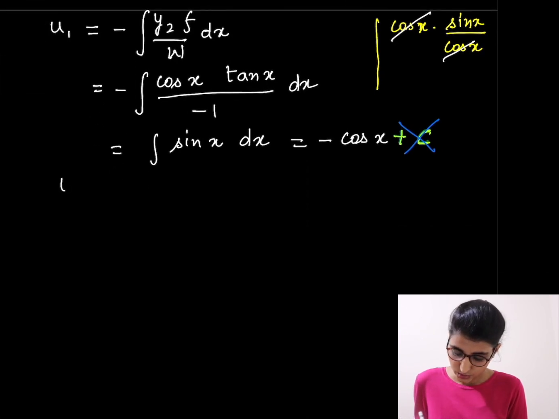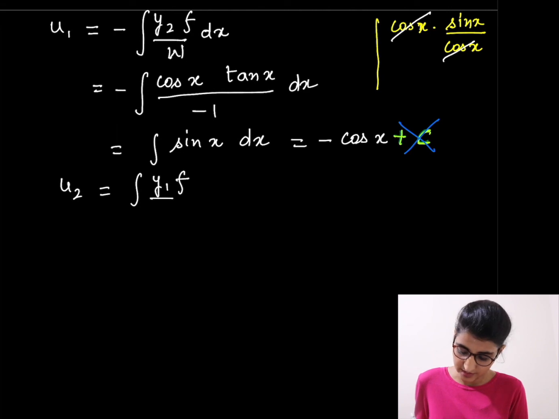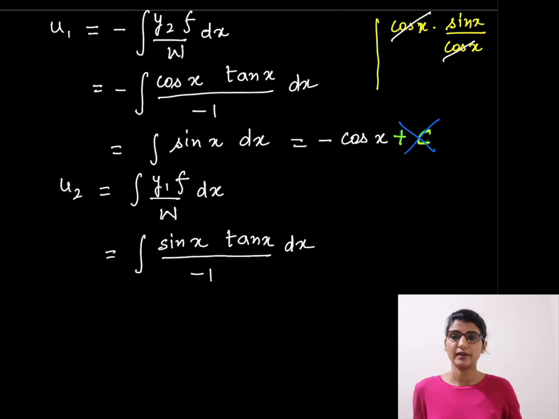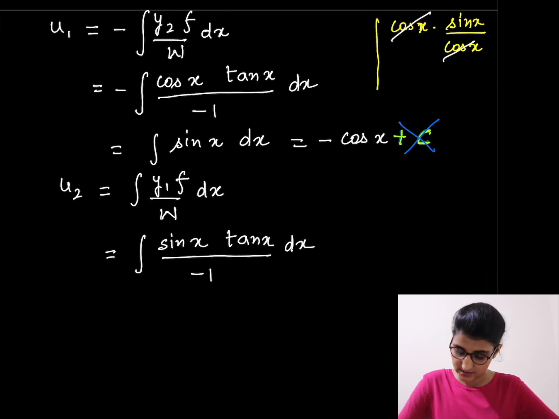Then our u2 is the integral of y1 f divided by the Wronskian dx. y1 is sin x, f is tan x, and the Wronskian is negative 1. So this basically is sine square x divided by cosine x.